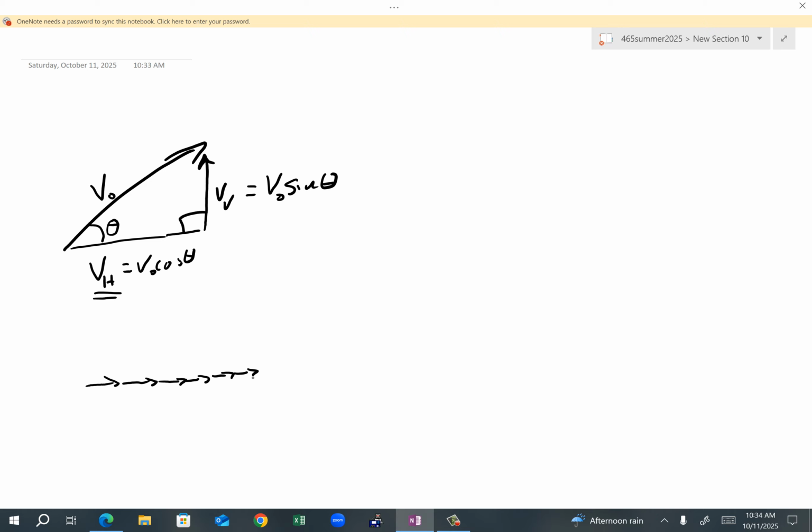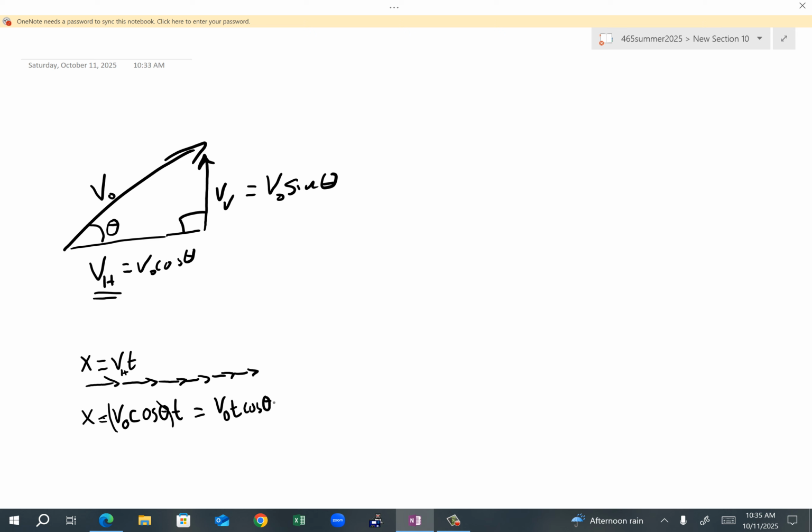When are you going to quit traveling? Well, when you hit the ground. What does that mean? This is just simply going to be x equals v t, v horizontal. In other words, x equals v sub o cosine theta times t. Most of the time your book writes this v sub o t cosine theta.